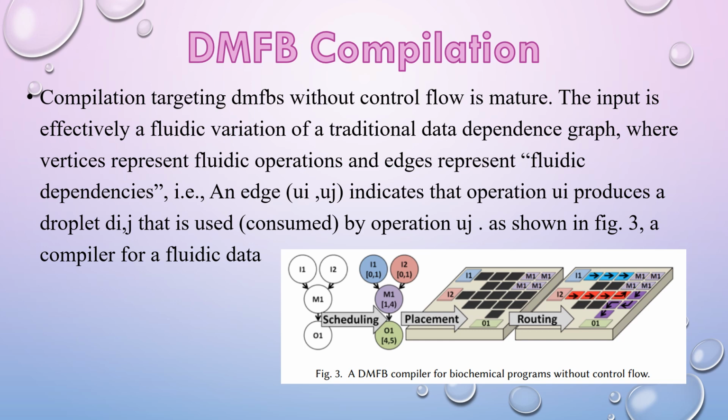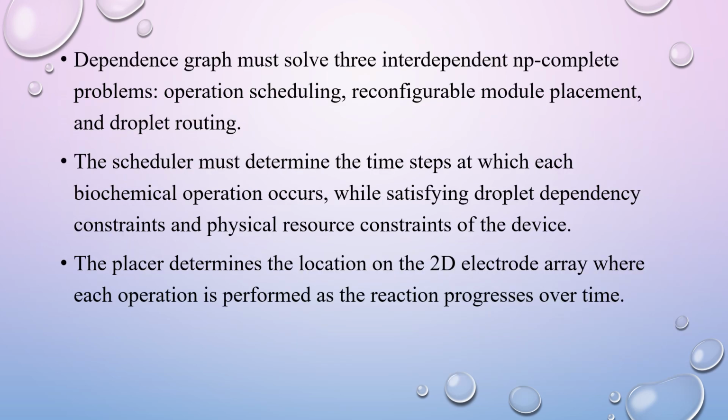Compilation for a fluidic data dependence graph must solve 3 interdependent NP-complete problems: operation scheduling, reconfigurable module placement, and droplet routing.